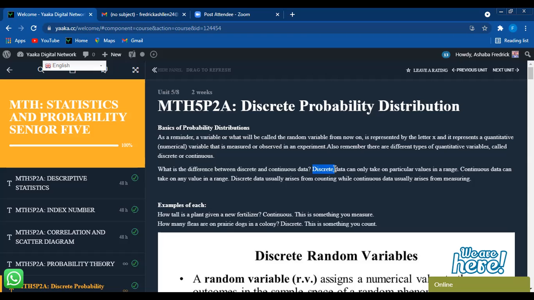When you meet those numbers in a probability distribution function, then that is a discrete random variable. Continuous data can take on any value in the range. So if we are interested in numbers from 0 up to 3, it takes on very many values.